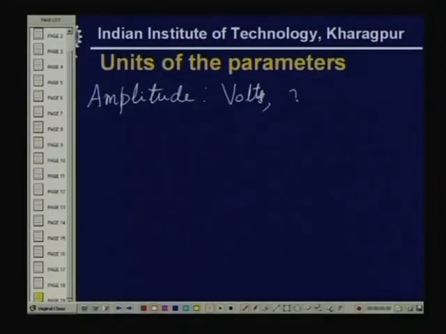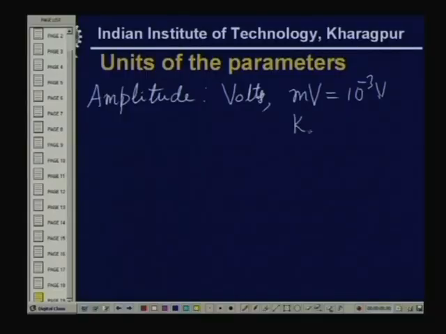In such a case we can call it millivolt, written mV, which is equal to 10 to the power minus 3 volt. Or sometimes we have to represent high voltage, then we can say it is kilovolt, that means 10 to the power 3 volt.